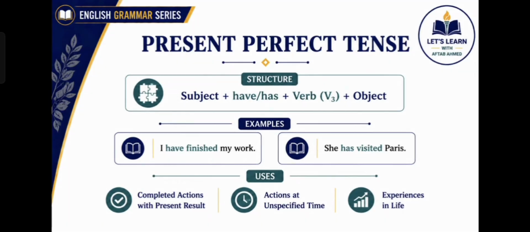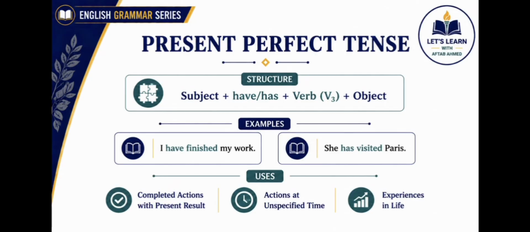Now let's learn about present perfect tense. Its structure is subject plus have or has plus the third form of the verb plus object. For example, "I have finished my work." "She has visited Paris."